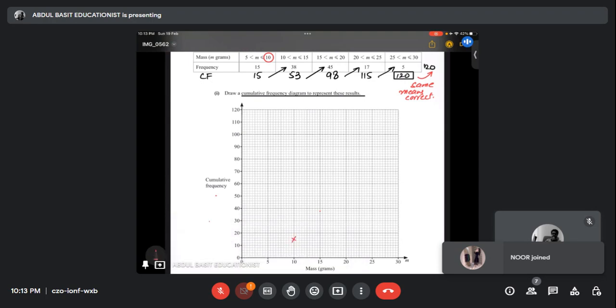So on 15 I have to plot 53. 53, so 50, 52, 53 would be right in the center. Okay, on 20, it's 98, so 98 would be one block down, then 100.